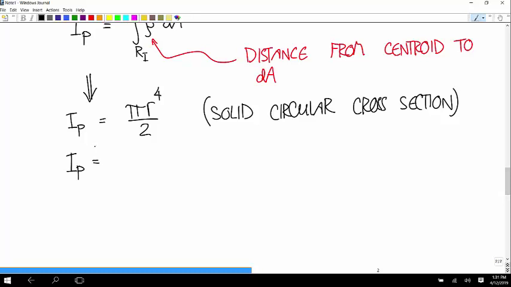And for a hollow circular cross section, it's pi over 2 times the quantity r outer to the fourth minus r inner to the fourth.